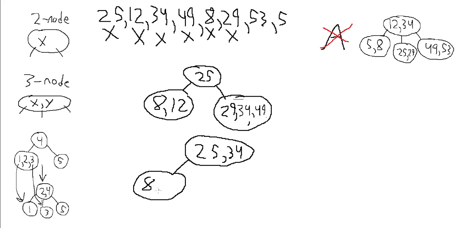And then we're going to split off the 29 and the 49 to be their own nodes. Or looks kind of funky.